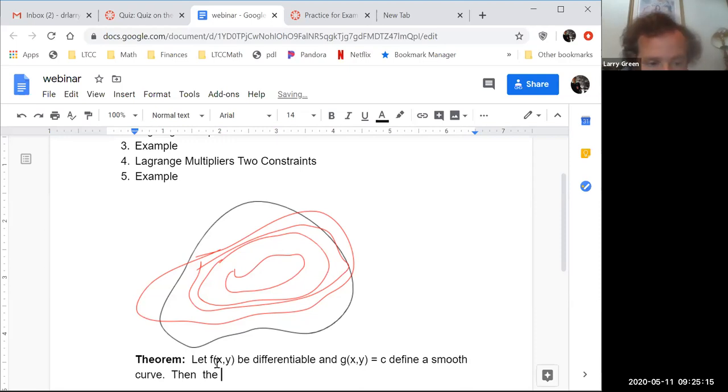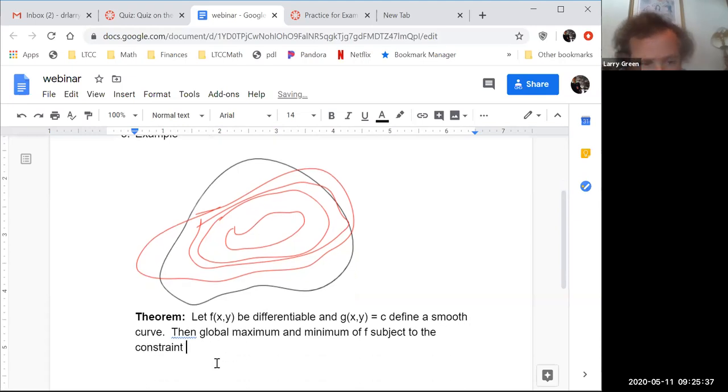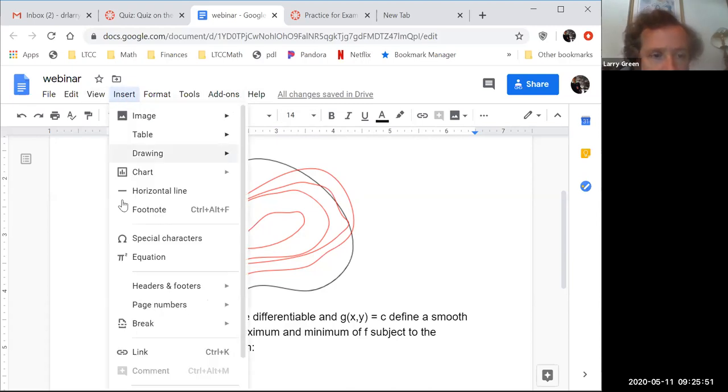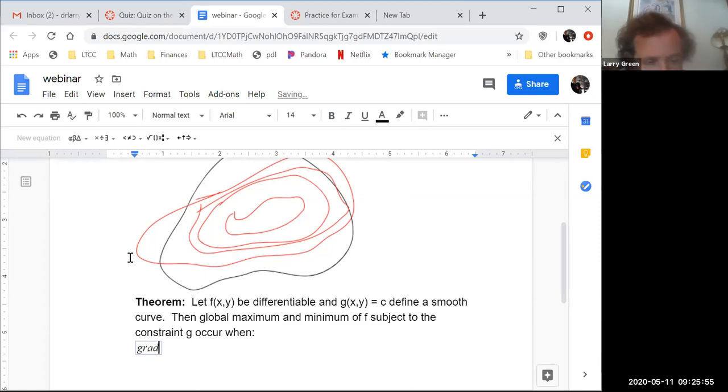the max and min, and I'm going to write global max and min, of f subject to the constraint g occur when grad of f is equal to some constant, and the constant everyone uses is that guy.